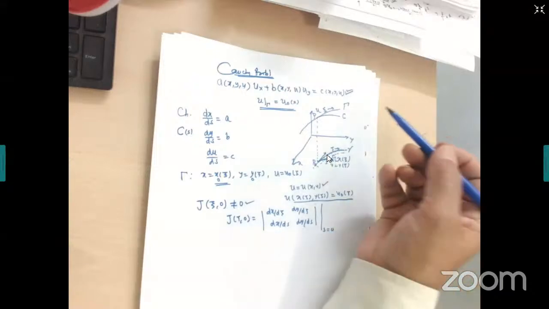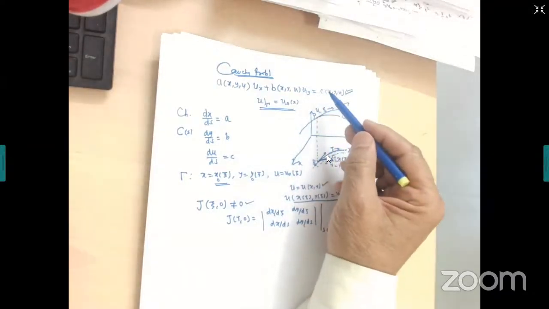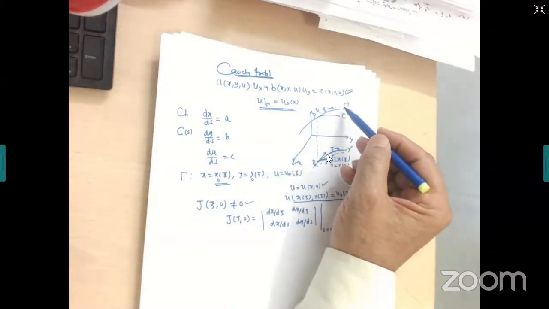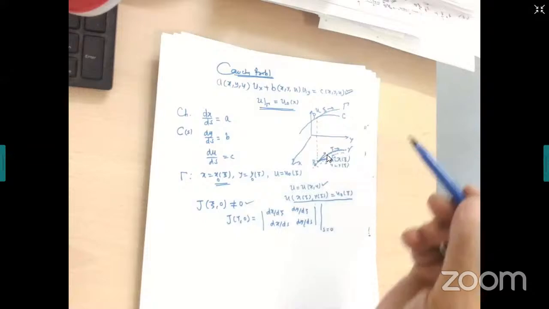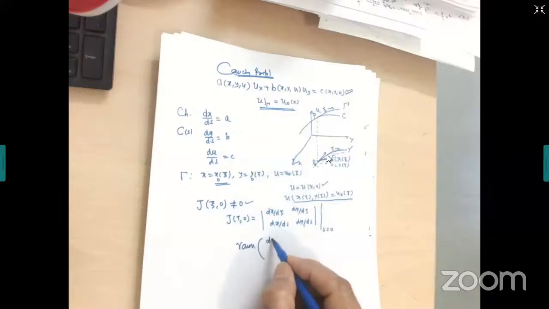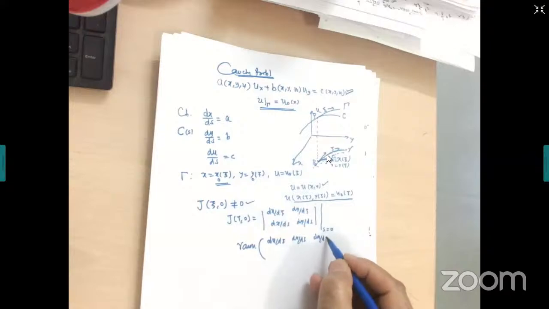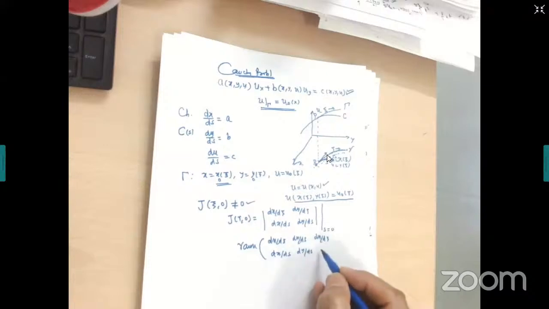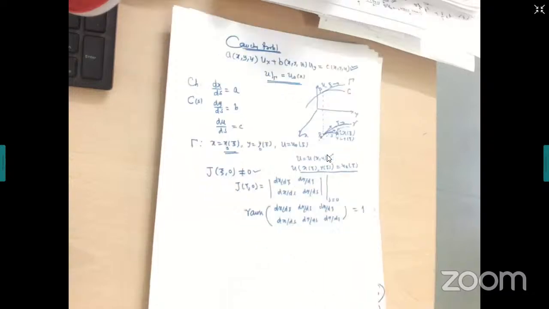This assertion is equivalent to the statement that the solution to this partial differential equation contains this space curve capital gamma, provided it is nowhere tangent to this characteristic curve C. In other words, the rank condition: the rank of the matrix with rows dx/dpsi, dy/dpsi, du/dpsi and dx/ds, dy/ds, du/ds should be 1. This we discussed last time.